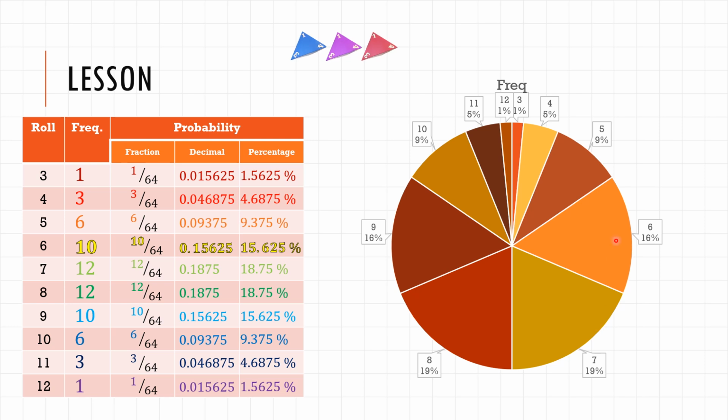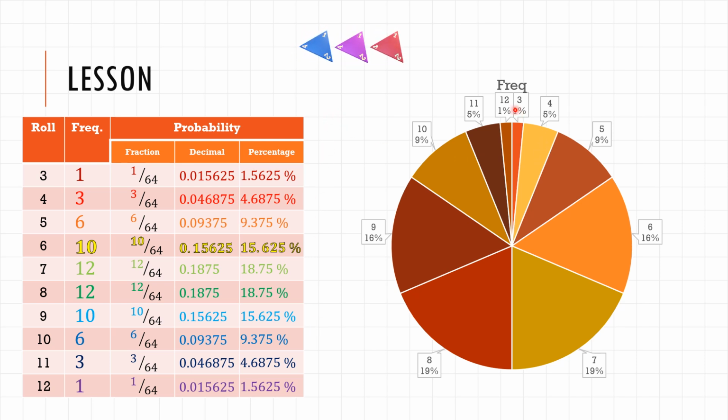The circle is totally full. There's no more space for any other possibilities. There's no space for any of these probabilities to increase. For one of them to increase, another one has to decrease in order for this to still be one full circle. Whereas with a column chart, the columns could keep increasing in size forever and ever and ever.